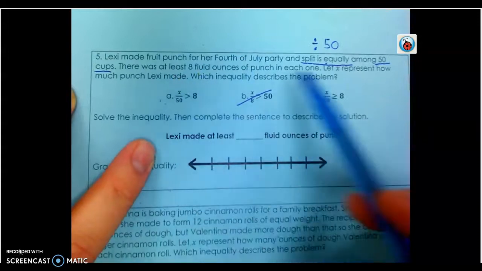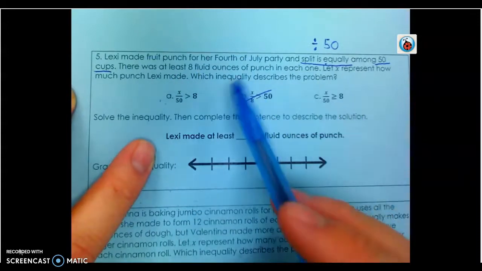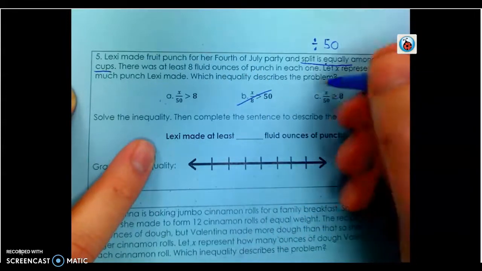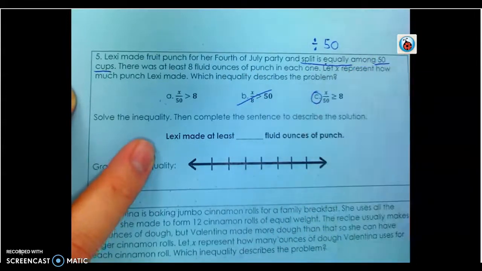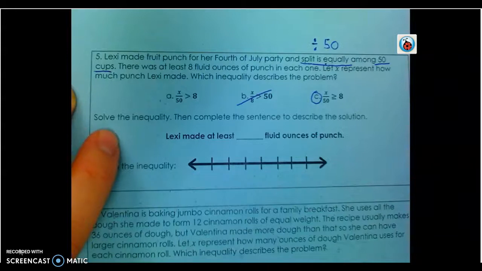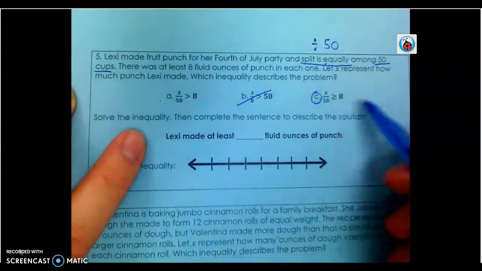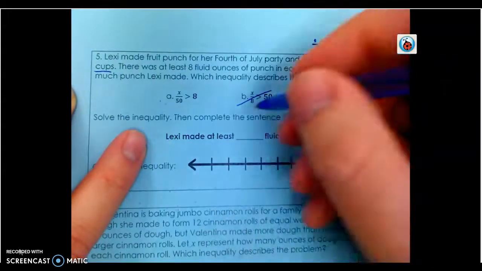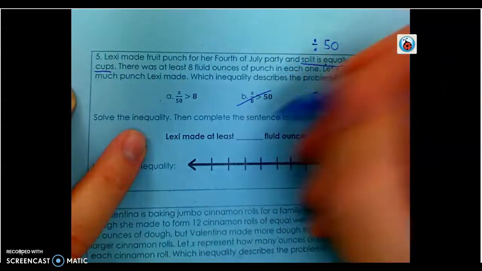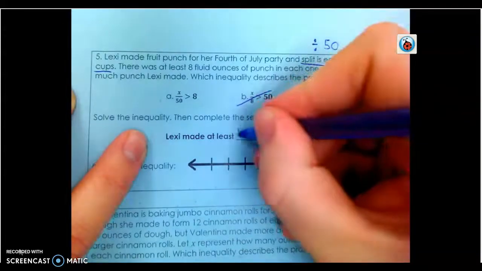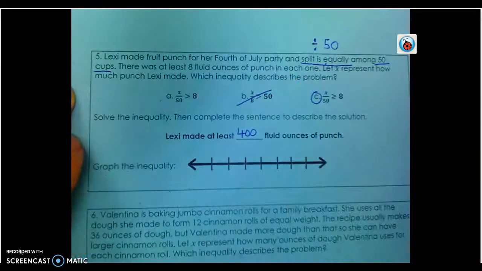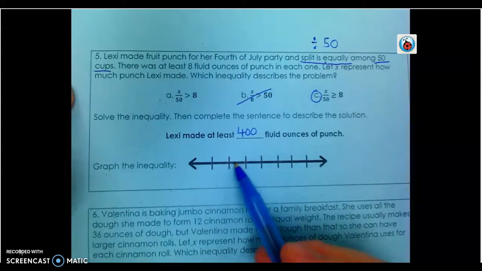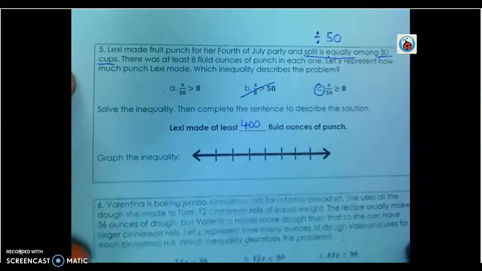The only difference between A and C is the equal to sign. So we know if it has to have at least 8 fluid ounces that it can have 8. So the answer is C. When you solve that, you just multiply both sides by 50, and you get that Lexi made at least 400 fluid ounces. For the sake of time, I'm not going to graph this. We just know that's the answer.